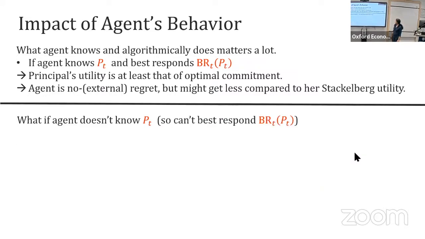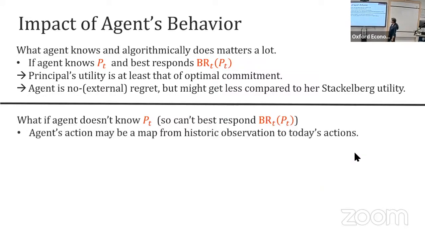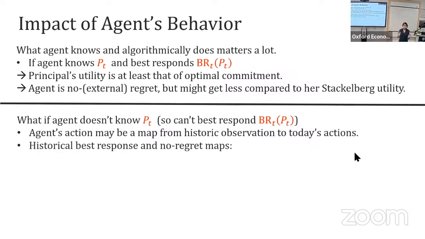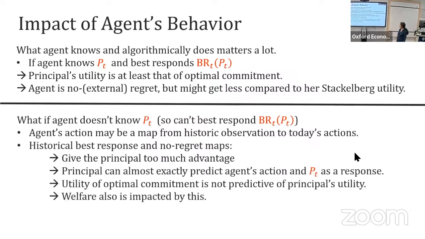So the way that things kind of get sketchy is that if the agent, instead of actually best responding, does something that's much more historical optimization, like historical best response, or even a no-regret map, you can get really weird behavior. You can in fact invert commitment based on the step size of the different no-regret algorithms.